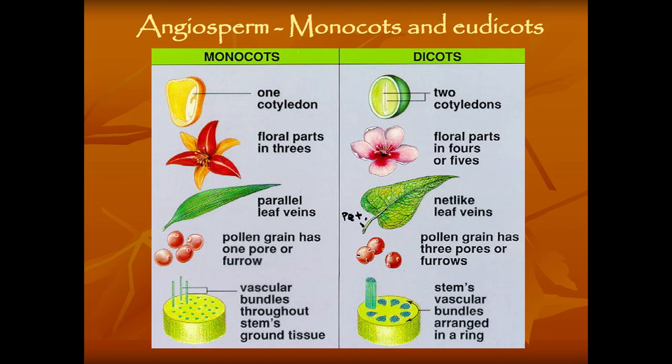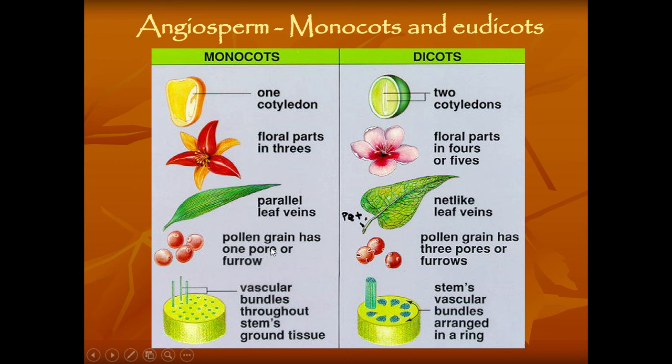And for monocots and eudicots, as you can see over here, the differences are as follows. Based on the seed, monocots have only one cotyledon, while dicots or eudicots have two cotyledons. Monocots have flower parts in threes, while dicots have four or five. In monocots, the veins of the leaves are parallel, while in dicots, the veins of the leaf look like a net.